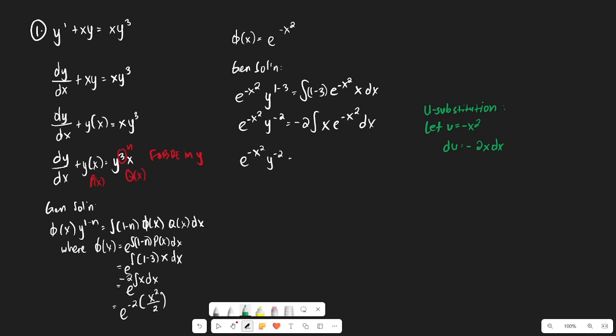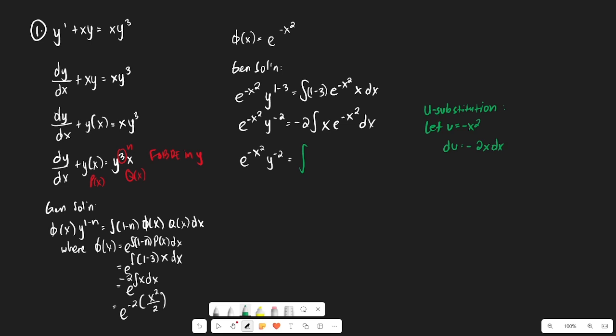Or sorry, we can actually rewrite this as e raised to u du, right? Negative 2x dx becomes du, and u is negative x squared.